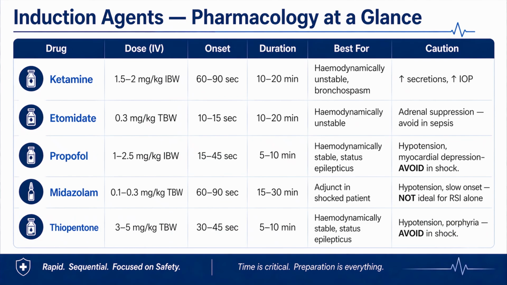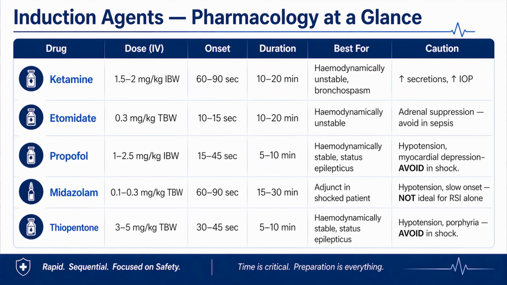Next comes the induction agents. The induction agent needs to be individualized based on your patient's physiology or pathology. I have enlisted the commonly used induction agents, and you can go through this and pick the induction agent which is ideal for your patient. Mostly in patients of shock or hemodynamic instability, we have to go for either ketamine or etomidate because these are comparatively safer.